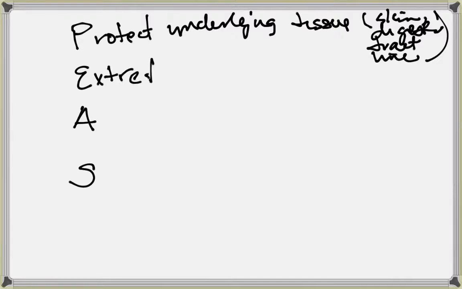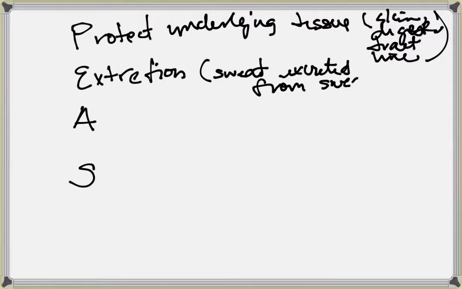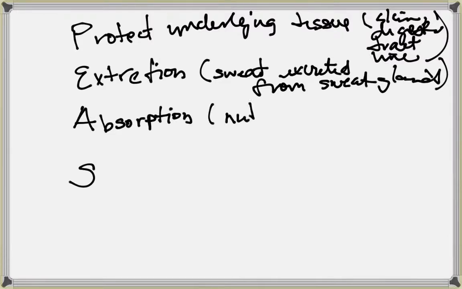Think excretion. An example of this is sweat that's excreted from sweat glands. Sweat glands are found in the epithelial tissue. They're responsible or have the function of absorption. So an example of this is nutrient uptake in the small intestines.